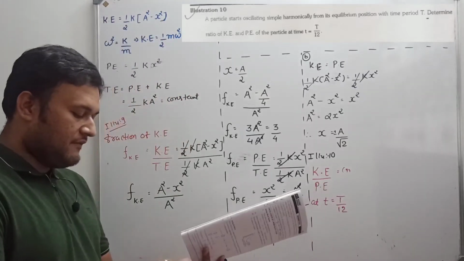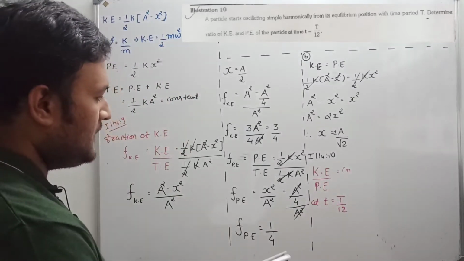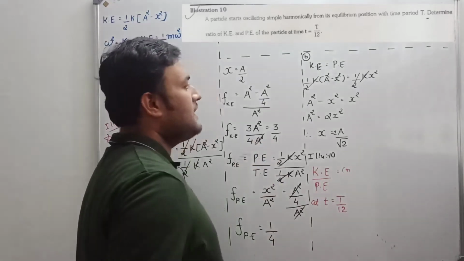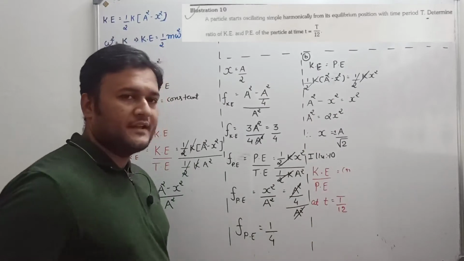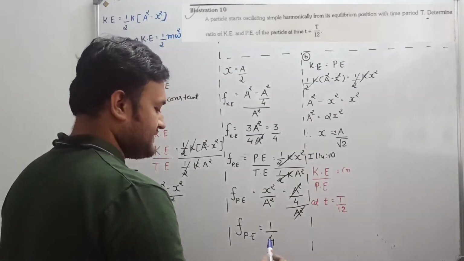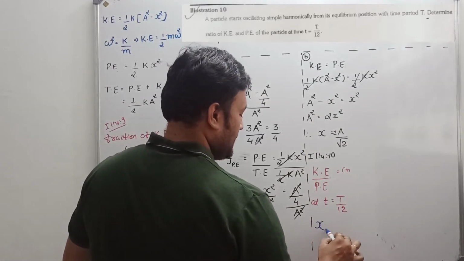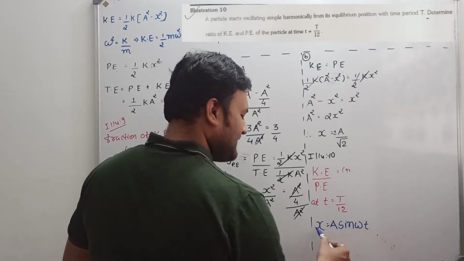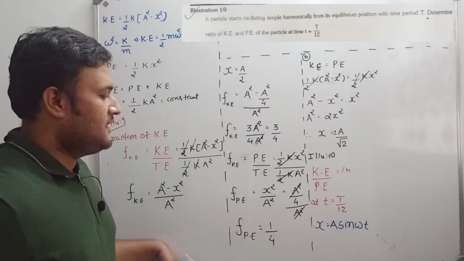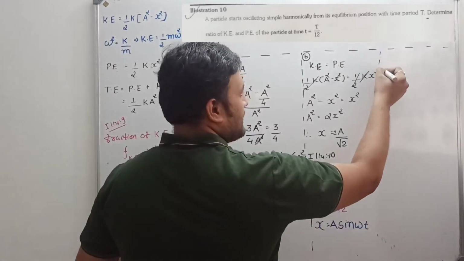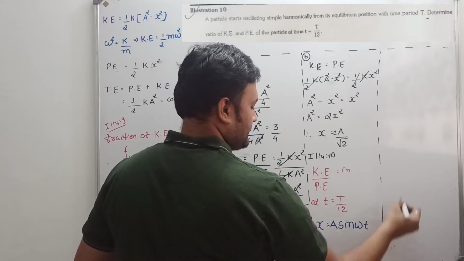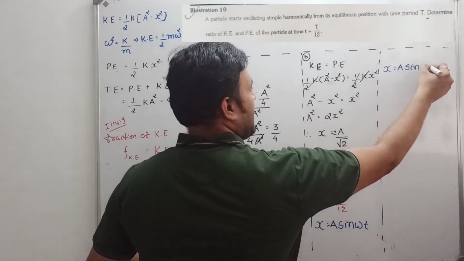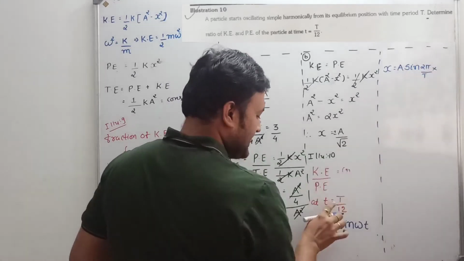First of all, what do we need in this formula? First of all we need x. The equation of x is a sin omega t. You can say y, it doesn't matter. So x is equal to a sin 2 pi upon T, and time is given T by 12.